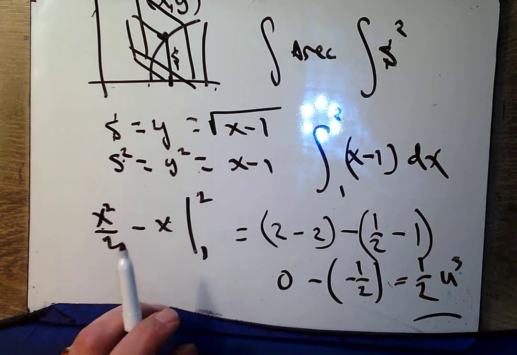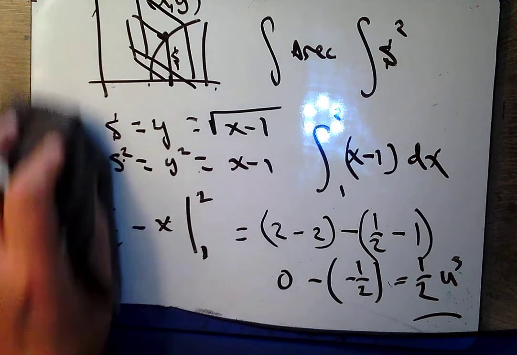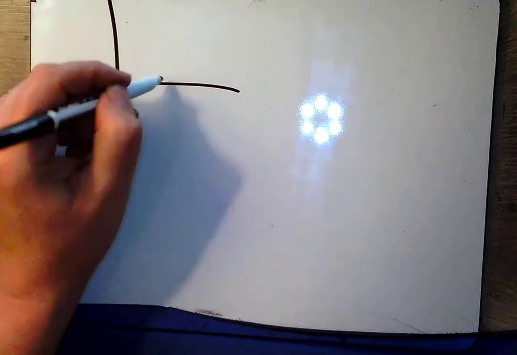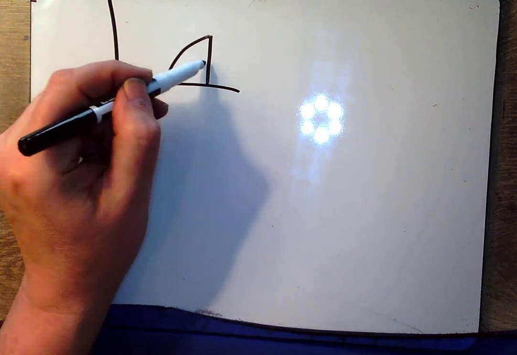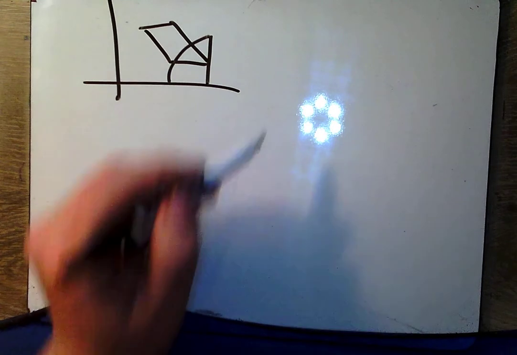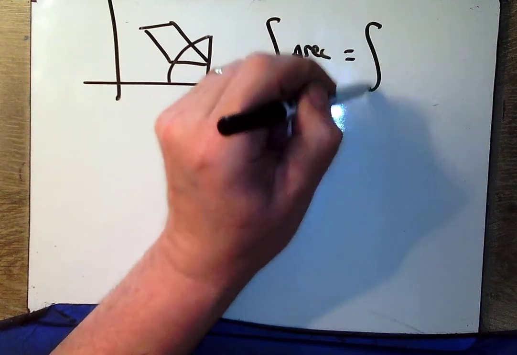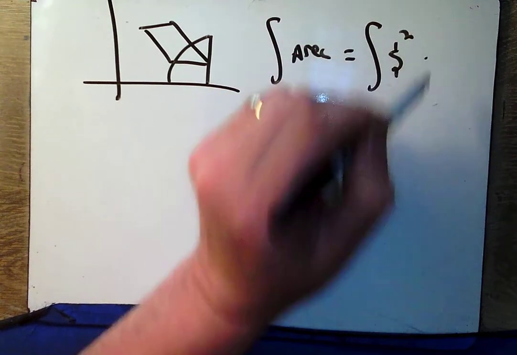Okay, now we want cross sections perpendicular to the y-axis. Same region, but now I'm drawing squares like that. And again, I'm integrating area. So I'm integrating sides squared.